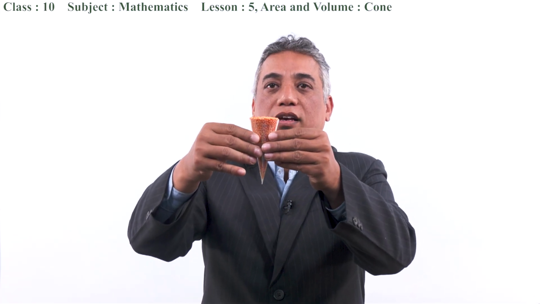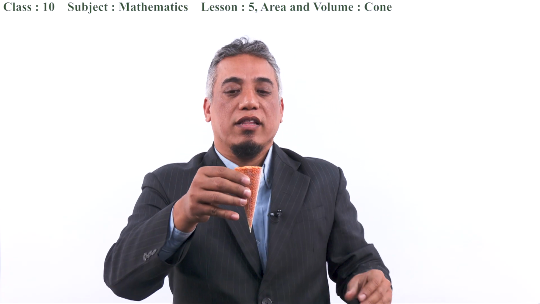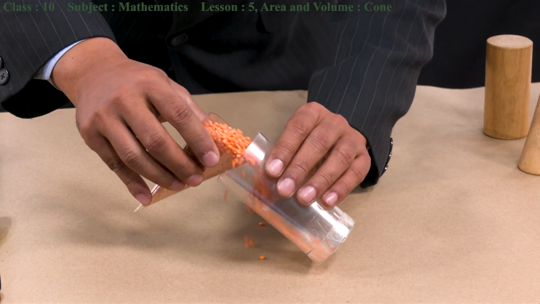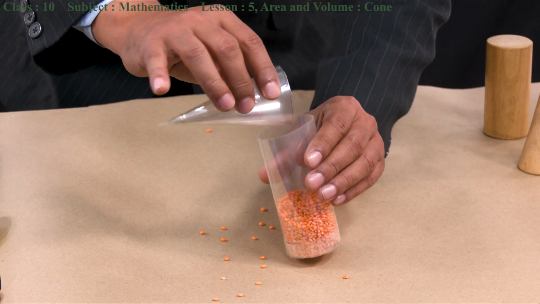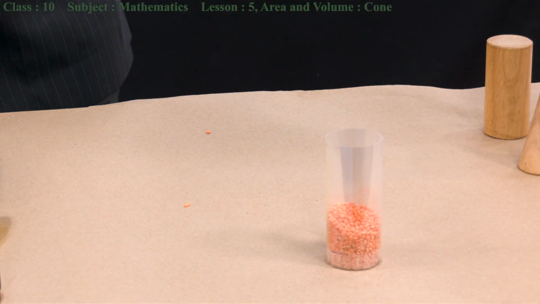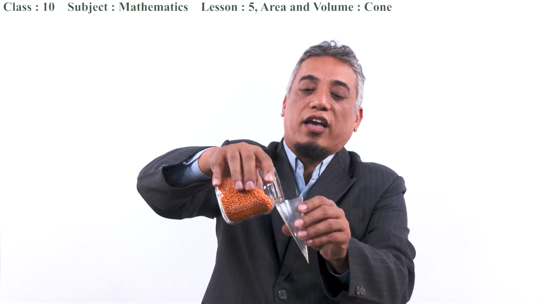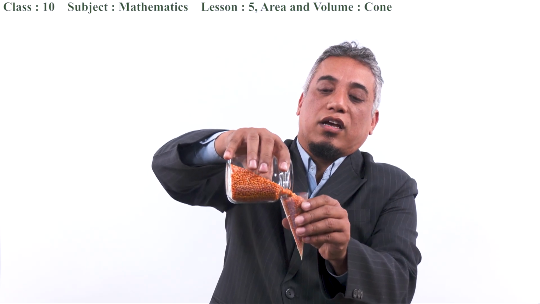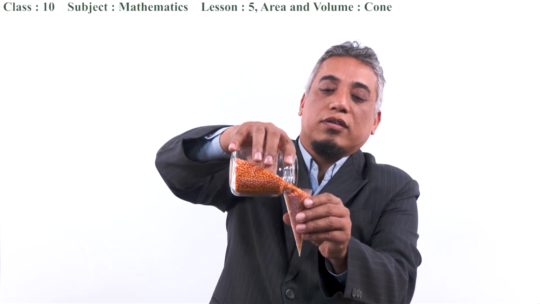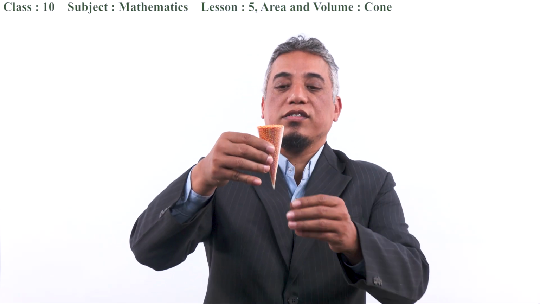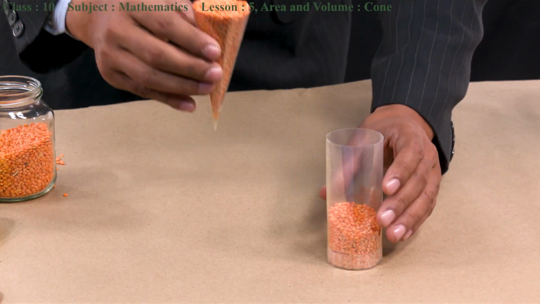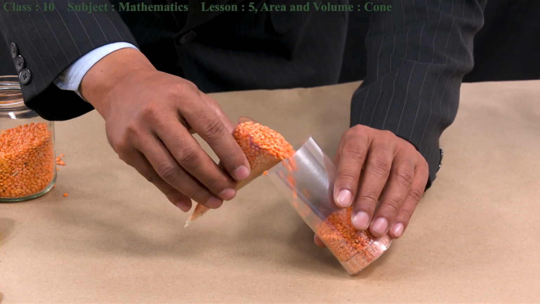So I'm going to pour this in the cylinder. So once again, I'm taking here. This is second cup of cone full of red lentils, and I'm going to pour it again here.